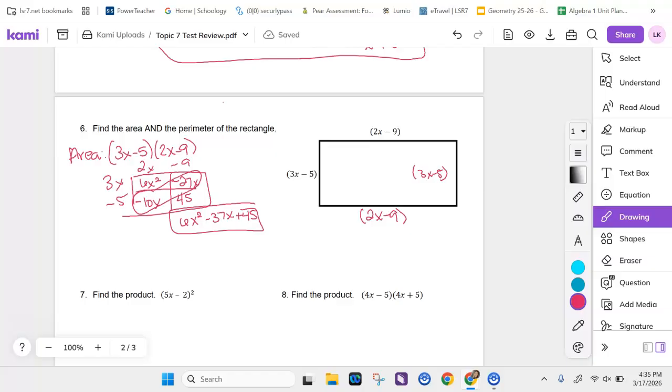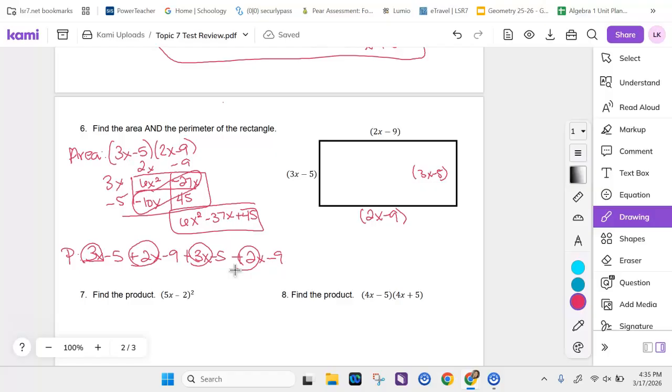Then we're going to look at the perimeter. The perimeter, you add all of them together. So you have 3x minus 5 plus 2x minus 9 plus 3x minus 5 plus 2x minus 9. Combine like terms. I have 3x plus 2x plus 3x plus 2x.